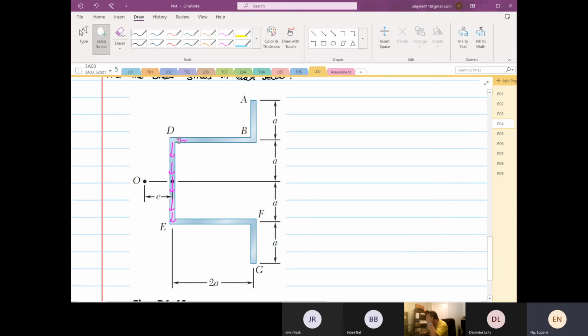And then when that's the case, the shear flow has to go this way, and then you do this. Then I'm going to call this F1. So this is how the shear flow moves.